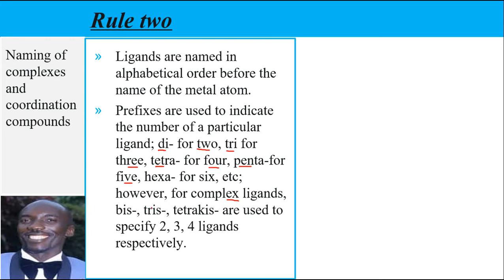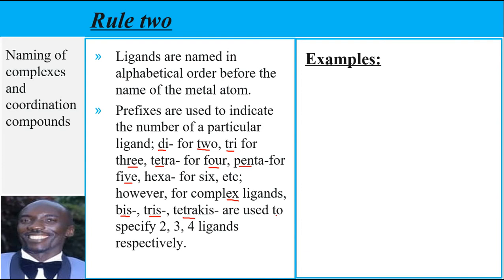In such a case, we use words like bis, which stands for 2, tris, which stands for 3, then tetrakis, which stands for 4, and so on. If there are 5, the word keeps on changing. So in case you have a complex ligand or a polydentate ligand, you cease to use words like di. Instead, you use words like bis, tris, tetrakis, and so on, as we are going to see.